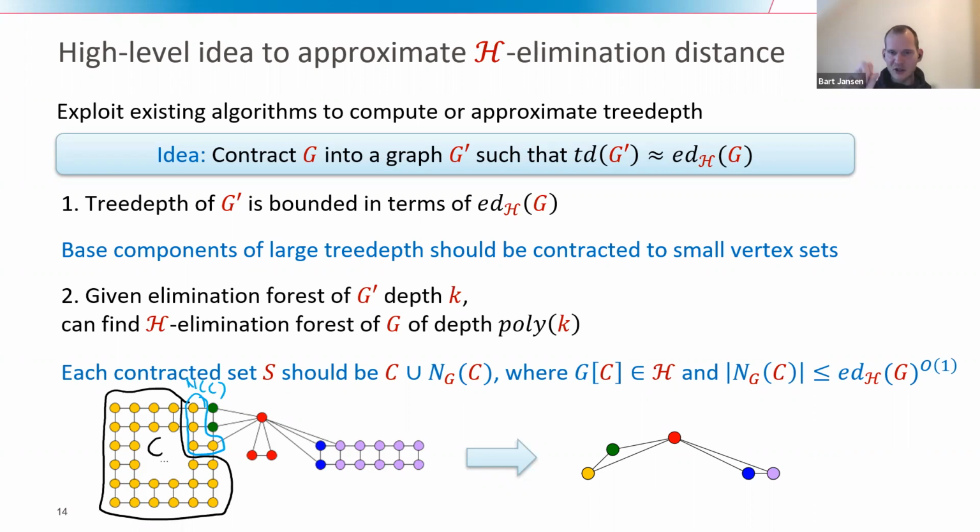So basically every color class I contract, I want it to consist of a graph in my target family together with a neighborhood, and the neighborhood size should be small in terms of the elimination distance of the graph.